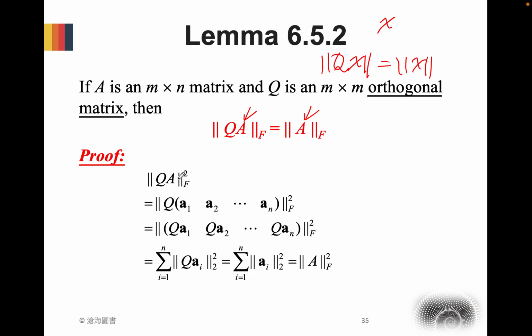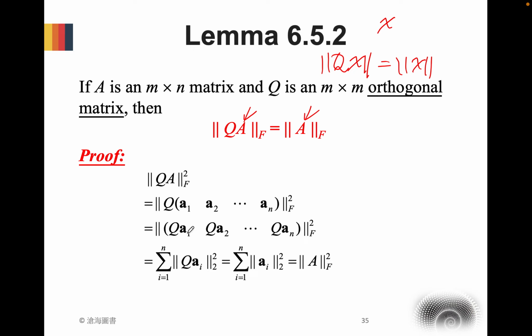We take the square of the Frobenius norm of QA, and we can separate the matrix A into A1, A2 to AN, where Ai is the ith column vector of the matrix A. So we can rewrite it as QA1, QA2 to QAN, and we want to take the Frobenius norm of it.